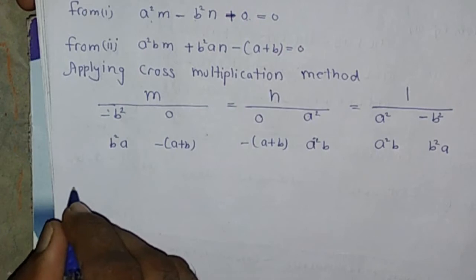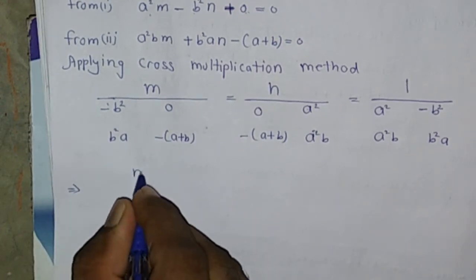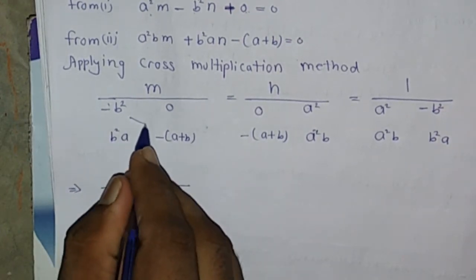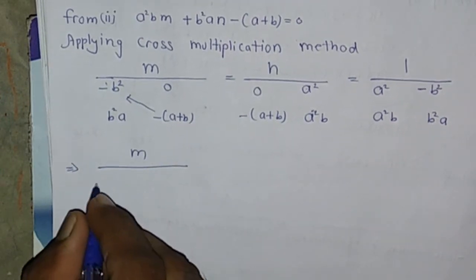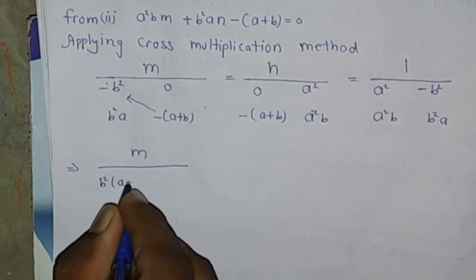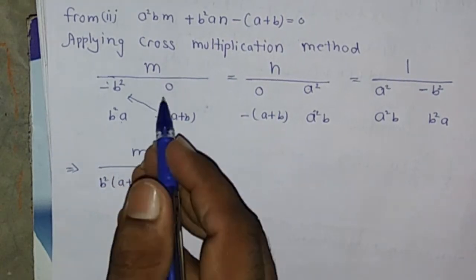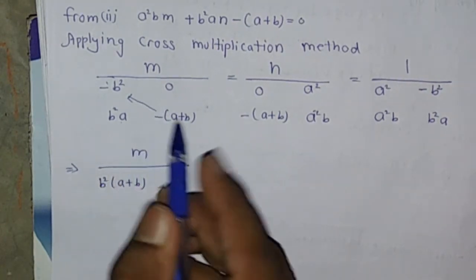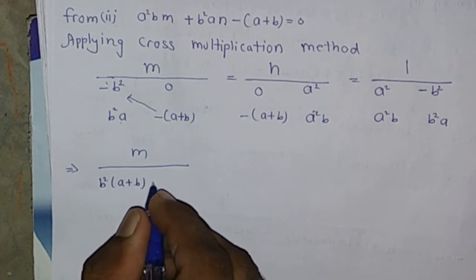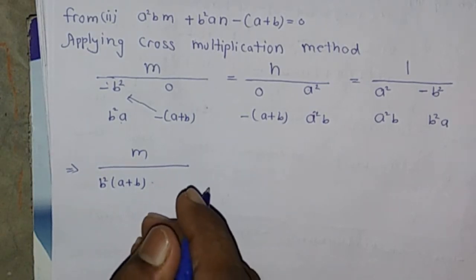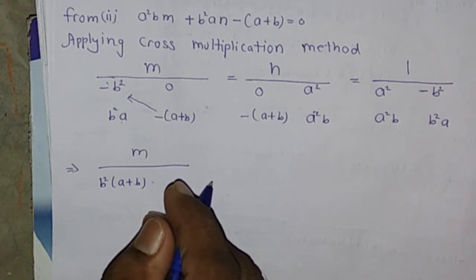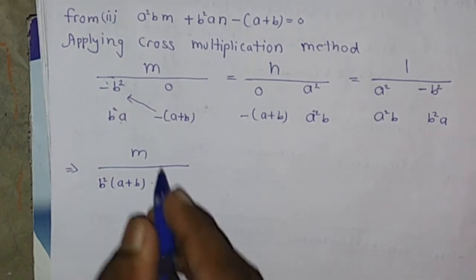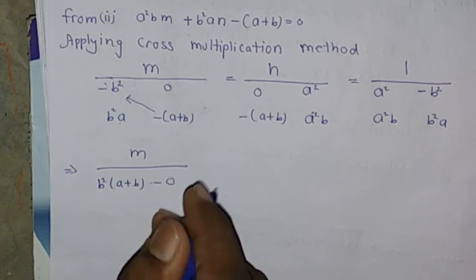Now m by multiplying this term, minus b square into minus a plus b, we have b square into a plus b, and b square a into 1 means 0.